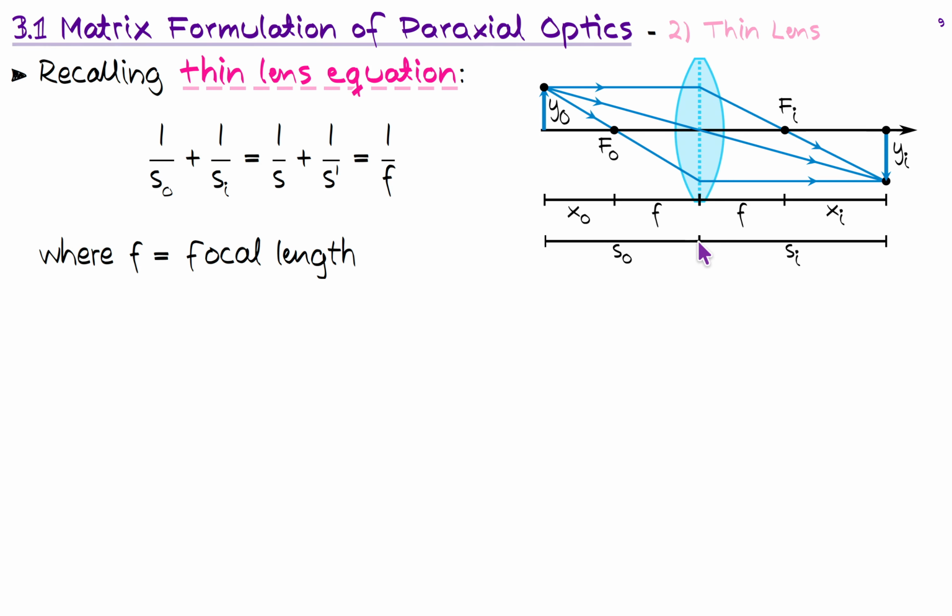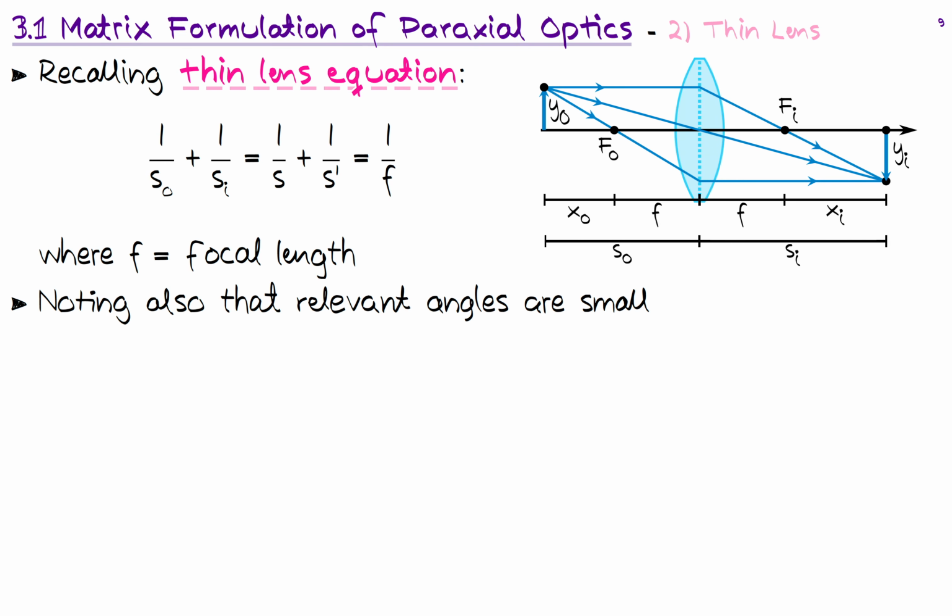Then S_I is the distance from the principal plane of the thin lens all the way to the image plane where the output ray emerges. That's this separation here, and F equals the focal length of the lens. That's how we describe a thin lens.